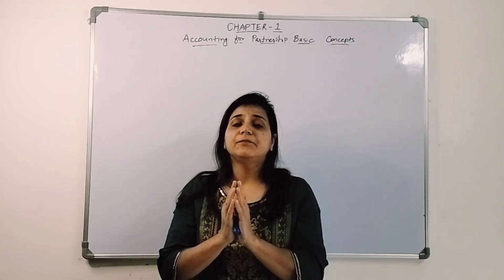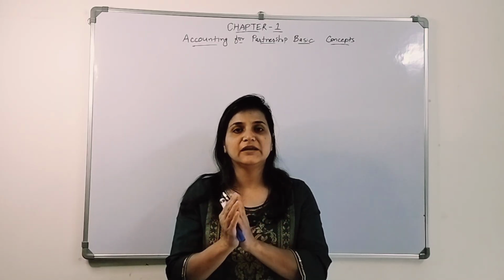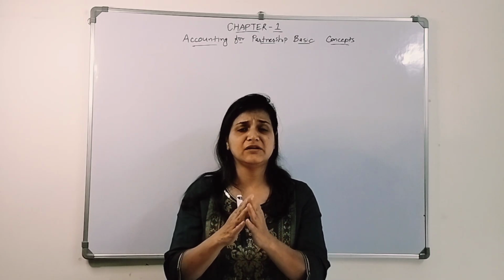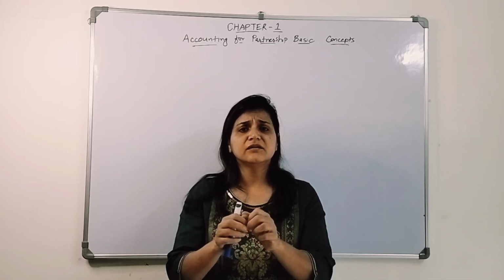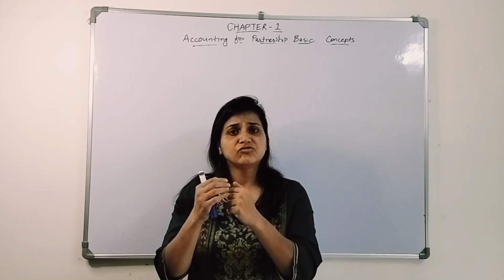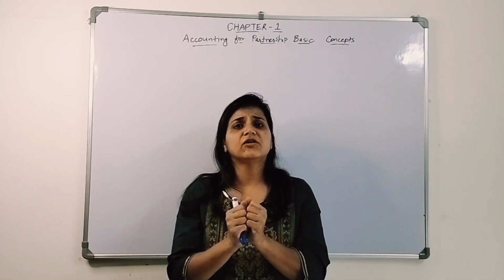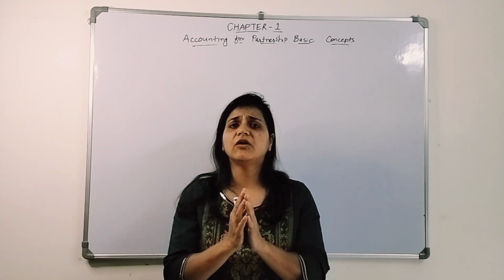In that partnership deed, each and every detail will be mentioned, like the name and address of the business, name and address of the partners, how much capital is being invested by the partners, how much interest to be given to the partners, how much interest on drawings to be calculated on the partners' drawings amount, how the profit and loss will be shared.